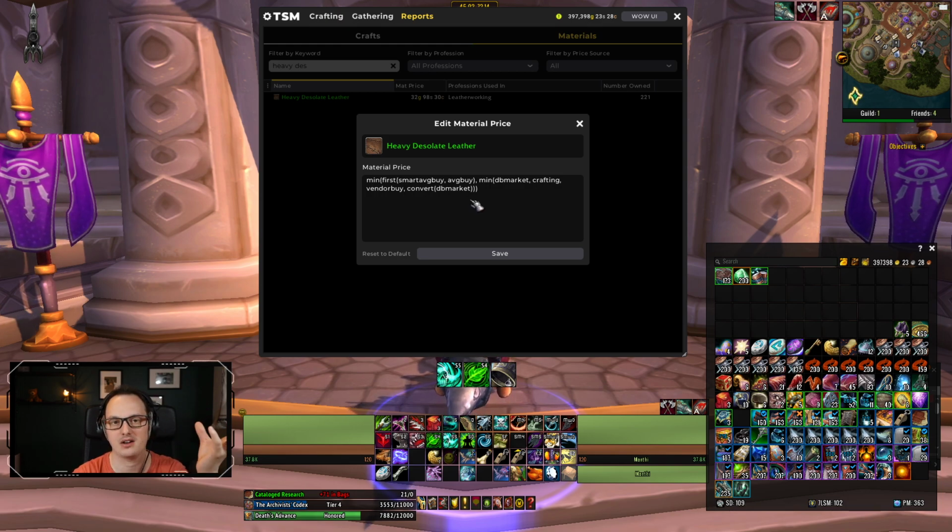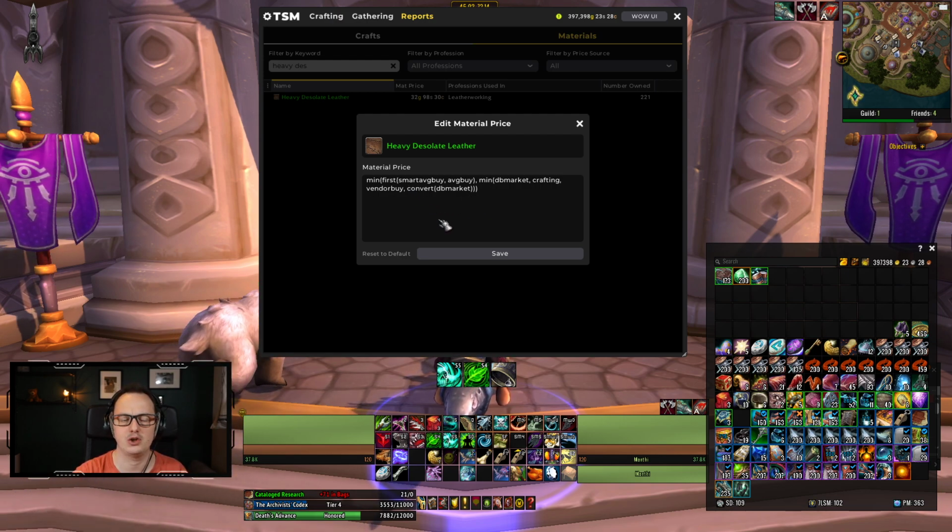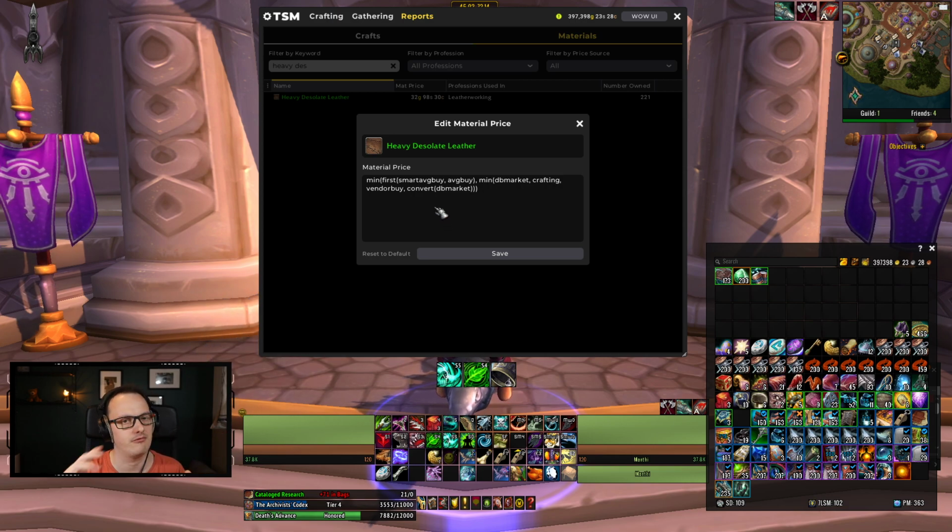It's looking at the market price, the DB market price like we discussed earlier for the item. It's looking at seeing, right, well, have I bought some of those materials? If I've bought them, what's my average buy price? If I've bought them, then maybe I should look at using the price that I've paid for them rather than the market price. It's doing another whole big calculation behind the scenes to work out this material price.